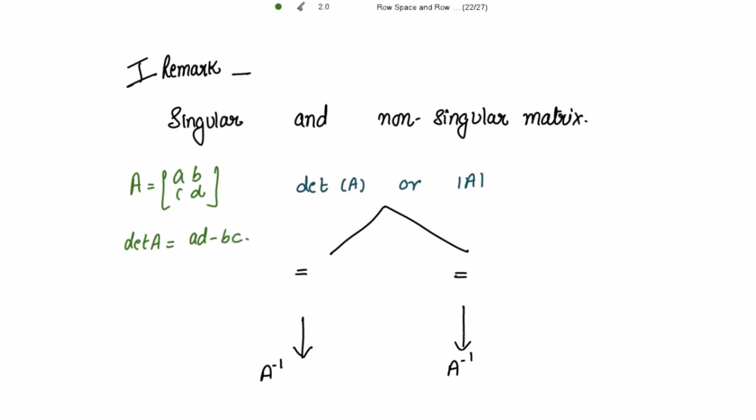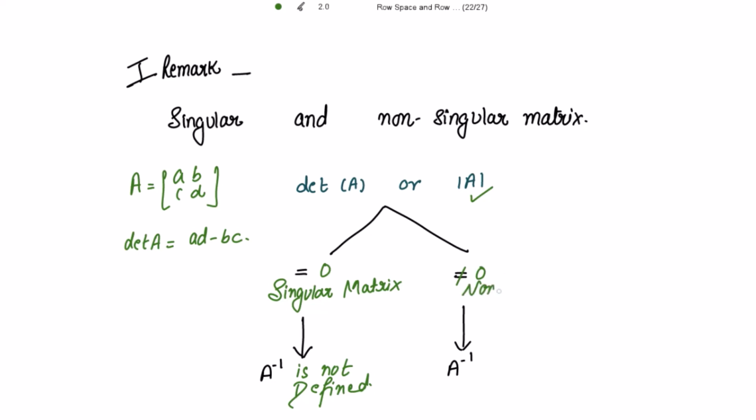If the determinant of A, denoted by this, is 0, then it is a singular matrix. And for a singular matrix, A inverse is not defined. And if the determinant of A is non-zero, then we have a non-singular matrix.